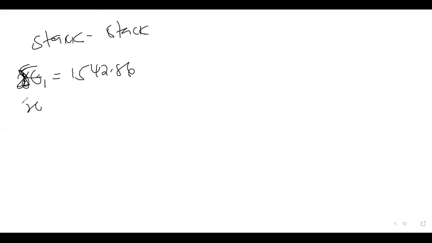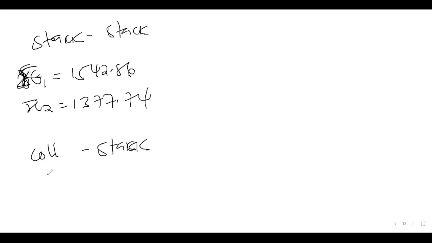Now, if you solve them correctly, when both firms produce Stackelberg, firm 1, which is the leader, will get a profit of 1542.86. Then the profit for the follower will be 1377.74. Now, if they play collusion Stackelberg, the firm that plays collusion, that's firm 1, will get a profit of 1382.1.